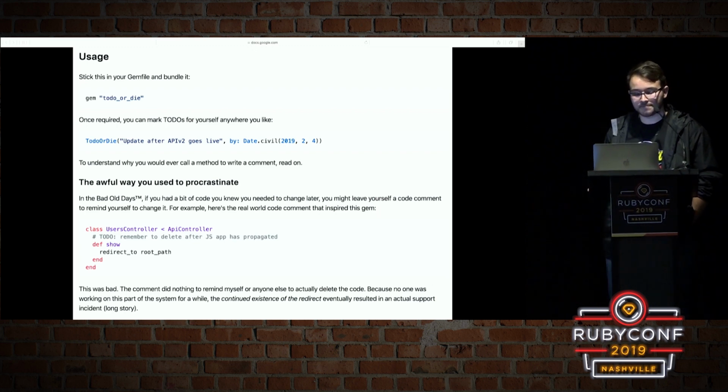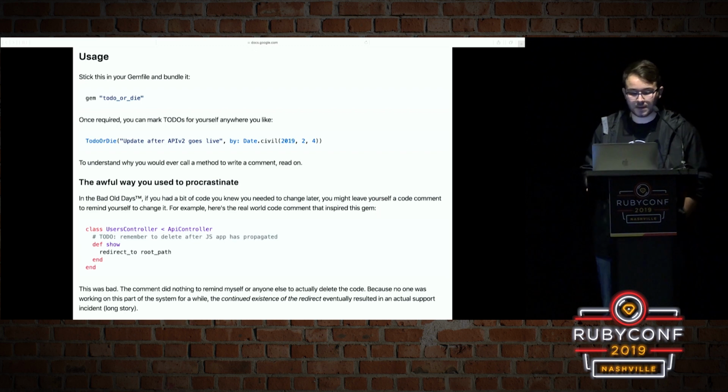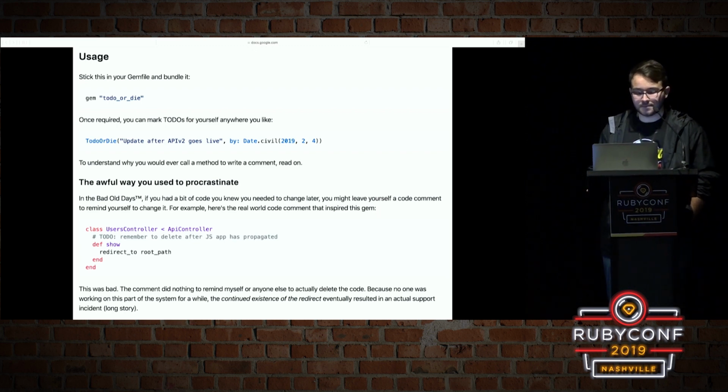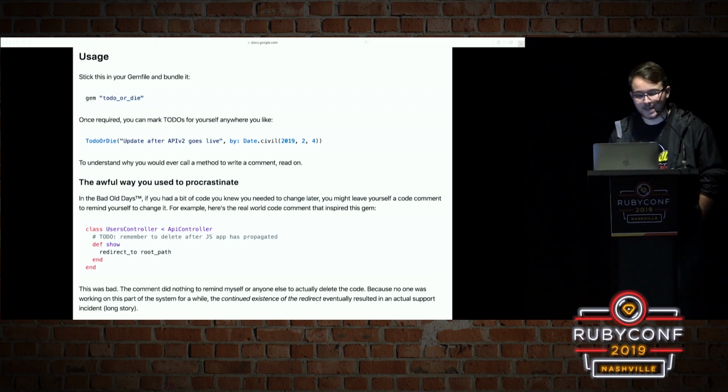You can add a comment and a date, and this will tell your application to log, warn, or even crash if that date has passed and the comment is still there. This can be useful for personal projects or even production projects, but in production you'll probably want to log or warn rather than crash. You could crash in pre-production environments, similar to what DB Migrate does in development.